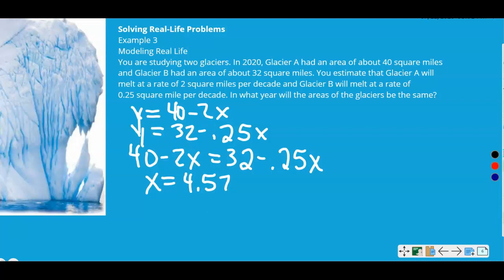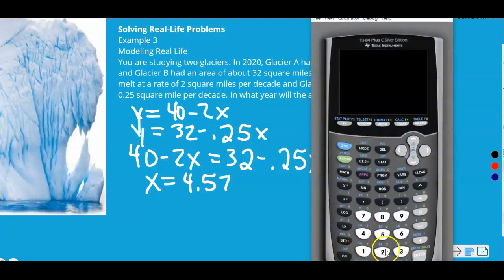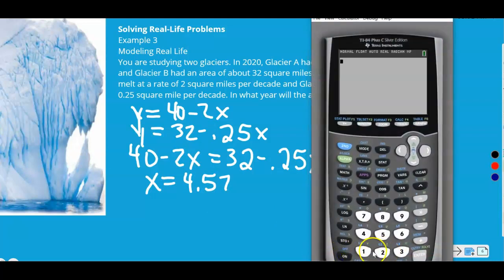So let's think about what we need. Let's say we've got the year 2020, and in the year 2020, we're going to add 4.57, but we know that's times 10 because a decade is 10 years.